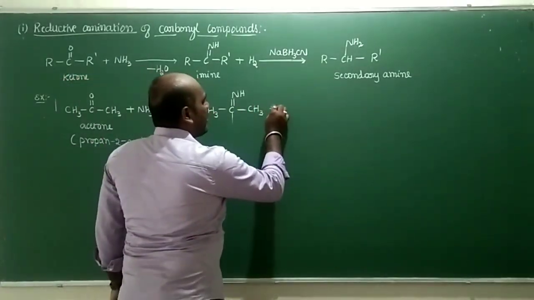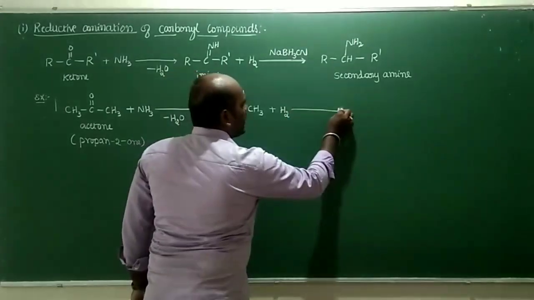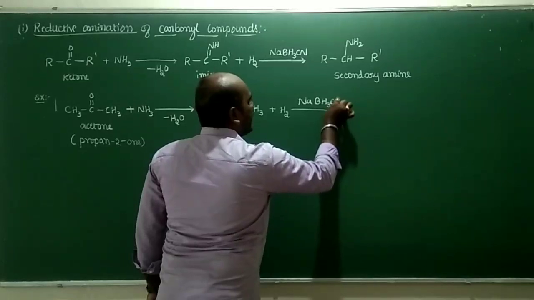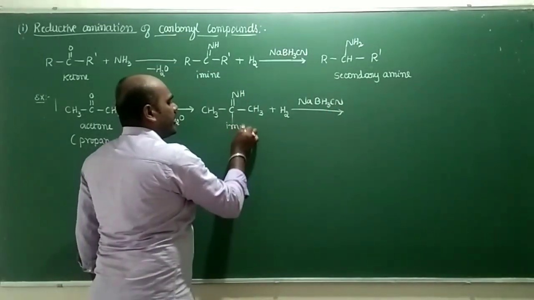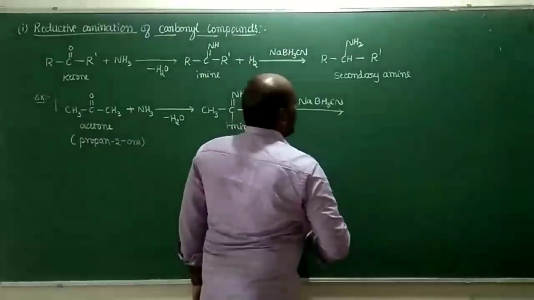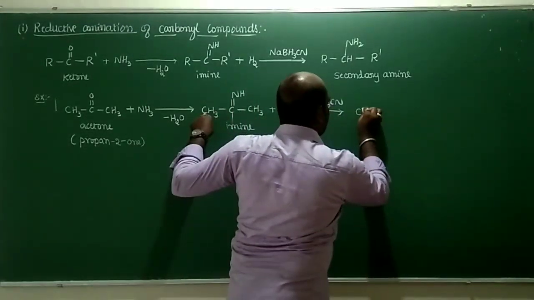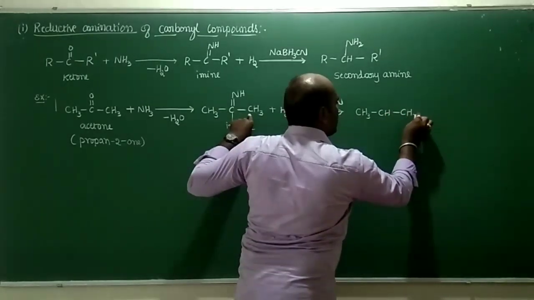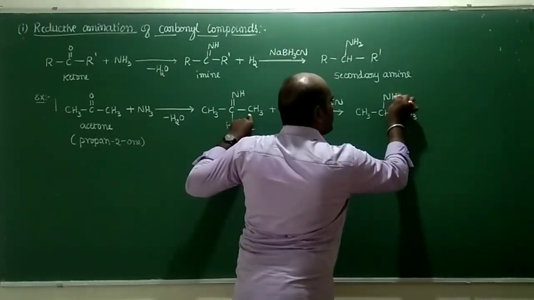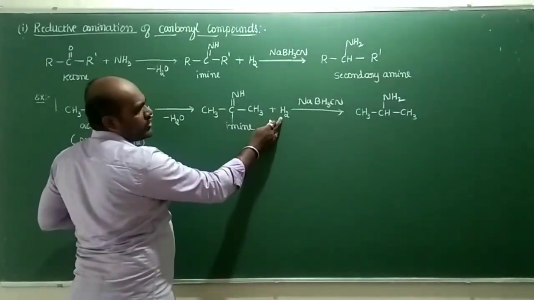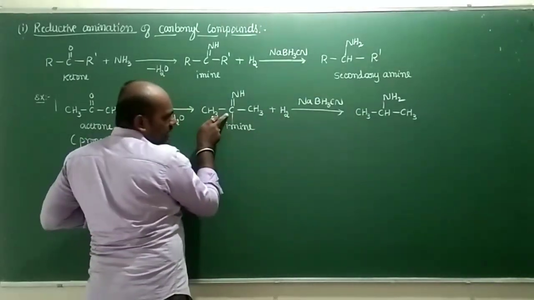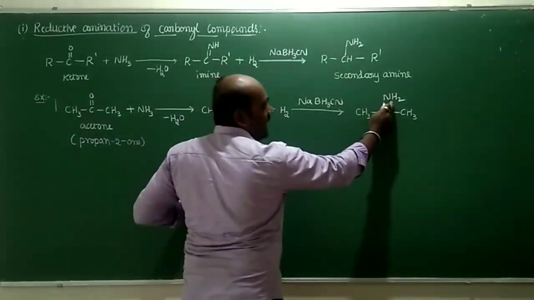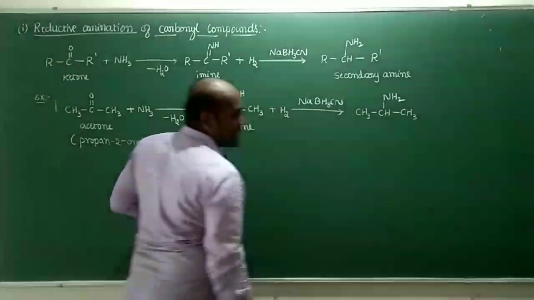And the imine on further reduction in the presence of sodium cyanohydridoborate gives CH3 CH CH3 NH2. Here we have 2 hydrogen atoms: one hydrogen comes to this carbon atom, and the other hydrogen goes to the nitrogen atom, forming NH2, and here it is CH.